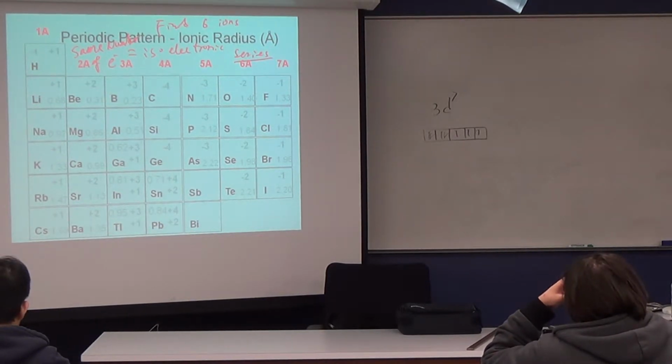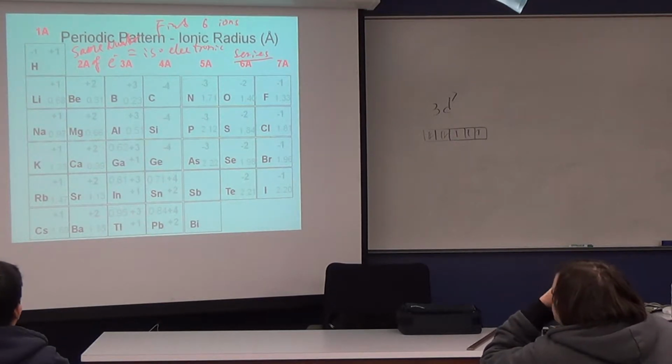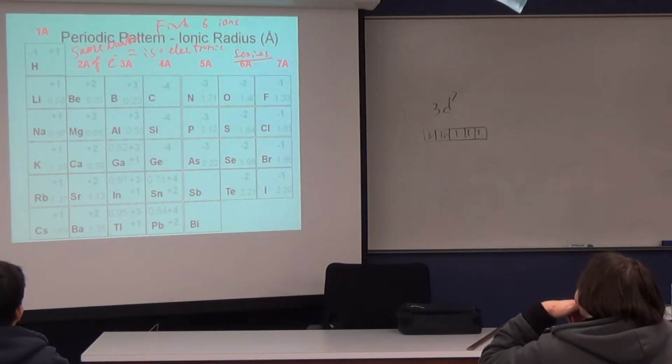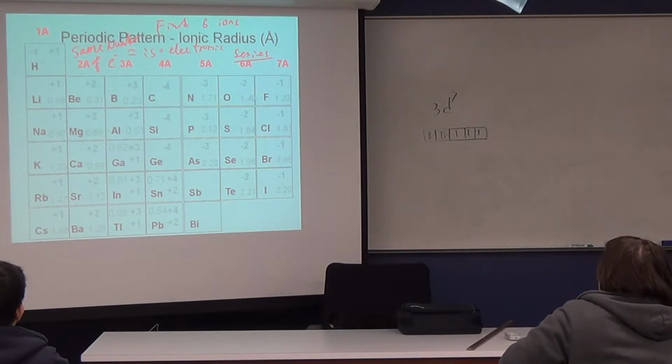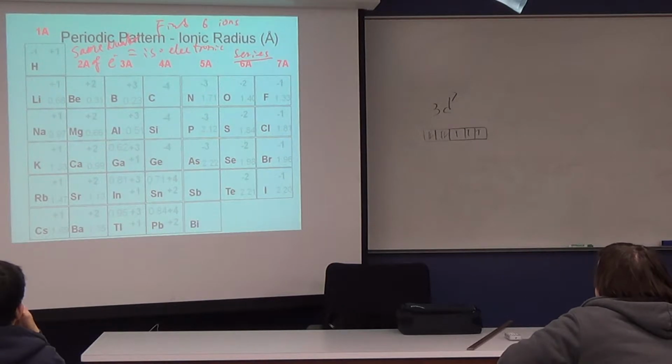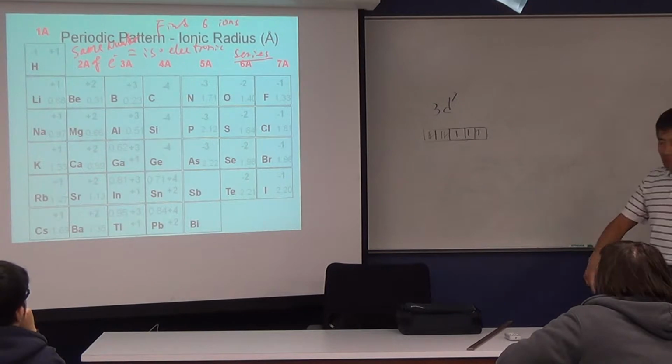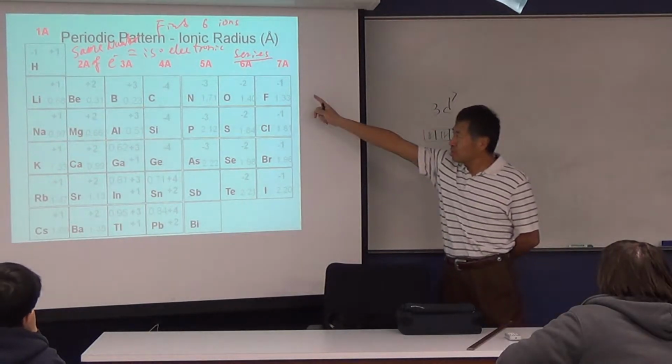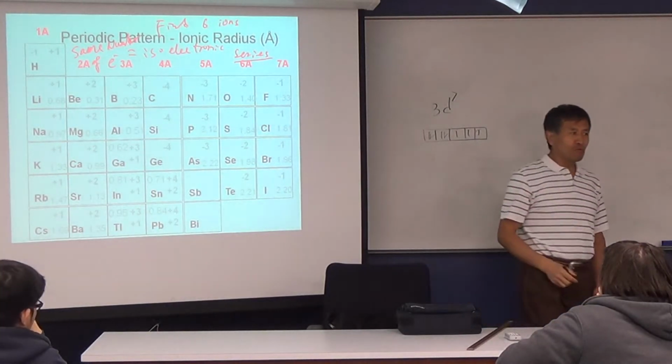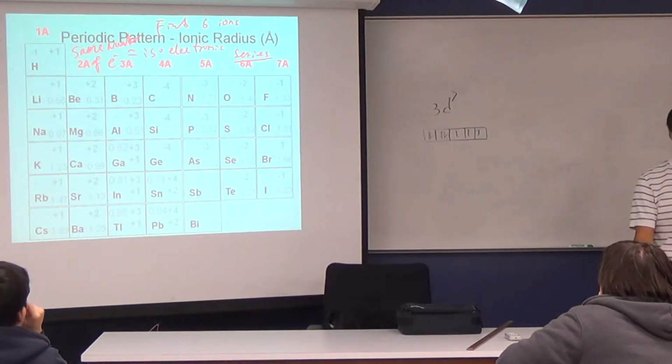Anyone find 6 ions that have the same number of electrons? You can start with someone that has some number of electrons, and you go either to the left or to the right. You can even jump in the row, from the first row to the second row. Let's see how many electrons they have.